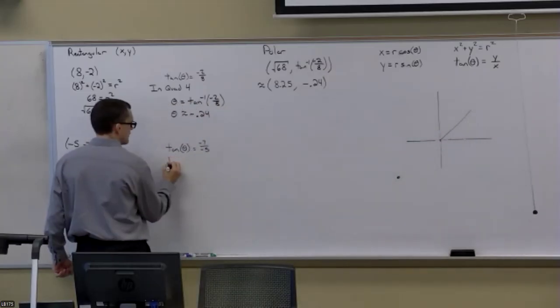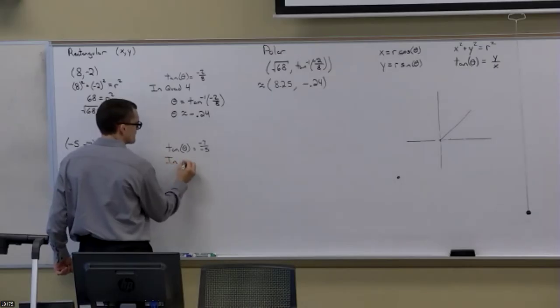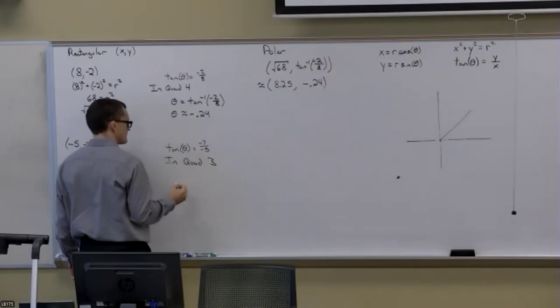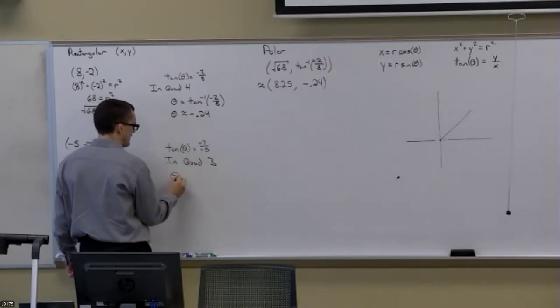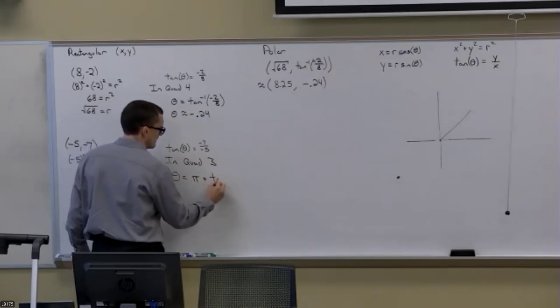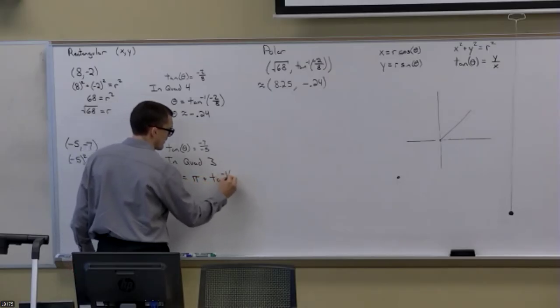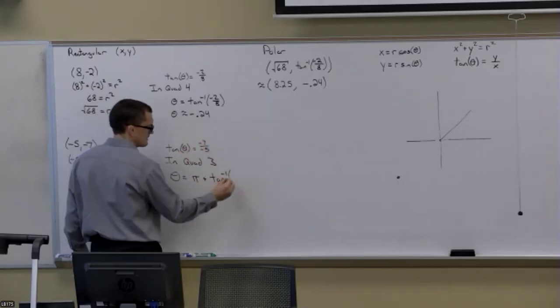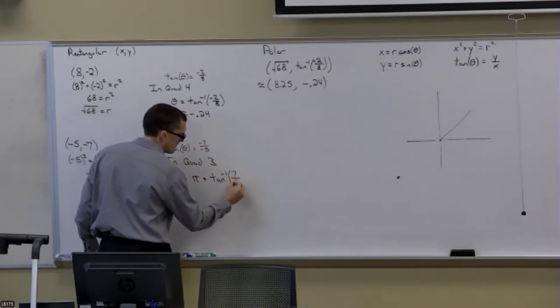So since we're in quadrant 3, my angle is going to be pi plus the inverse tangent. I could write -7 over -5, but the negatives will cancel out. I'll just write 7 over 5.